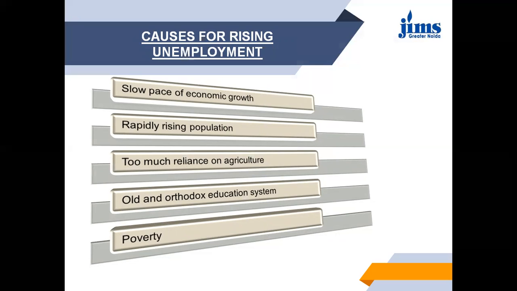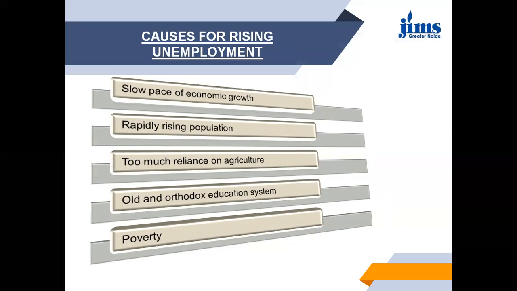If we talk about the slow pace of economic growth, as we have seen, in India economic growth is not up to the mark. The economy is growing very slowly, so unemployment is rising at a very high rate.